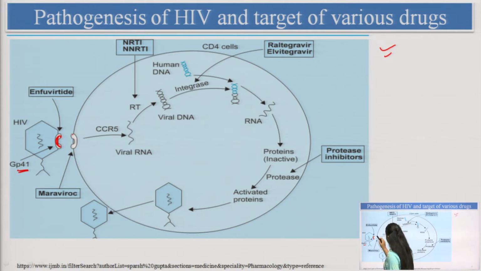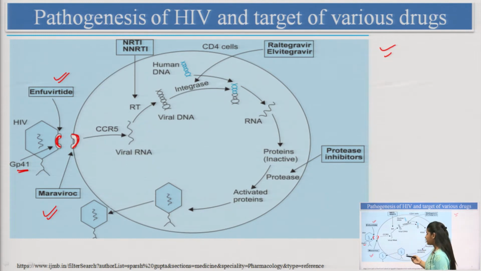This area is the receptor or co-receptor area. There are two drugs, enfuvirtide and maraviroc. These two drugs act as entry inhibitors, so they inhibit the fusion of HIV to the T cell.